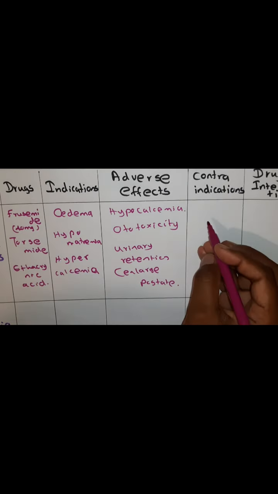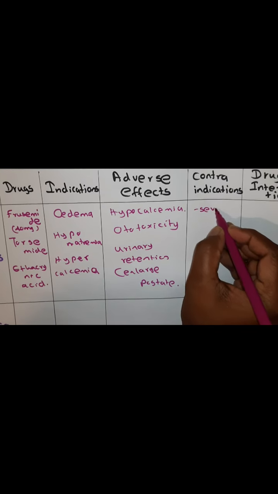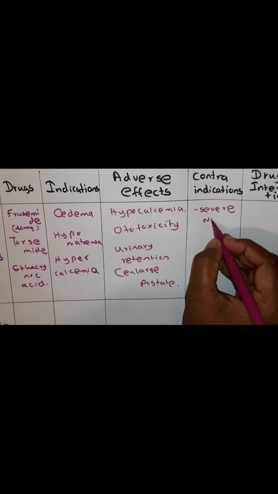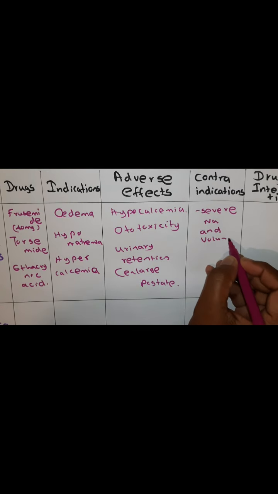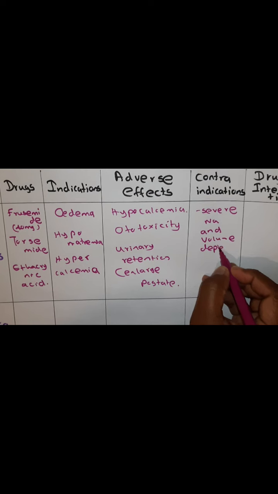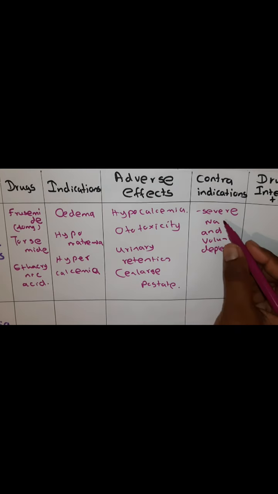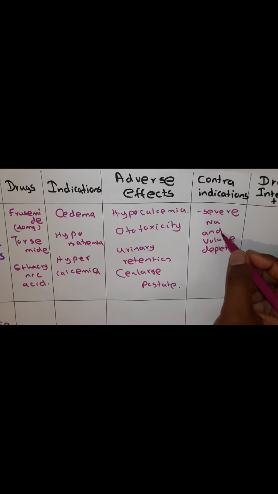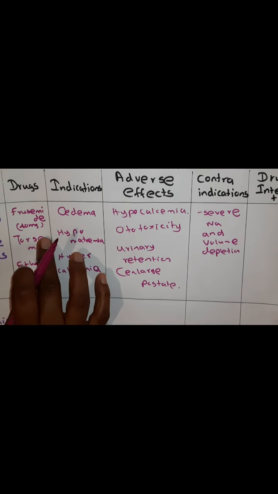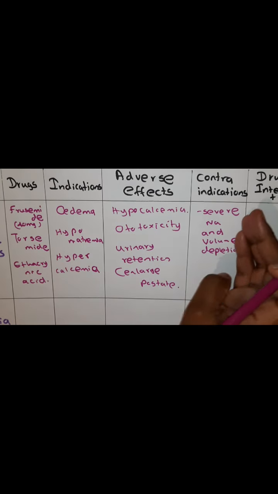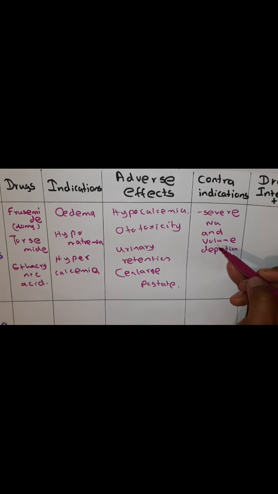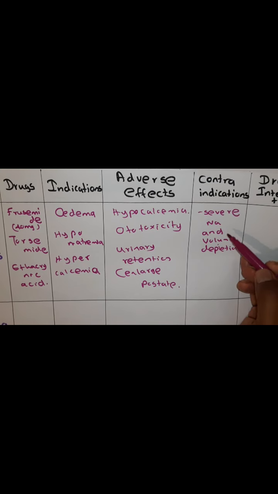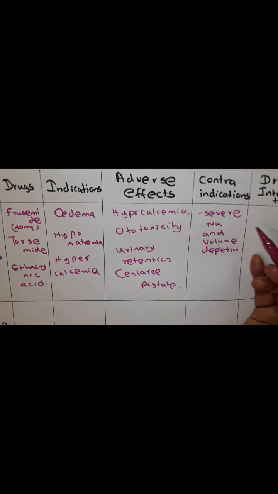Contraindications to using loop diuretics are severe sodium and volume depletion. A patient with severe sodium and volume depletion in their plasma should not use furosemide, because furosemide reduces the reabsorption of sodium and water from the nephron to the plasma.